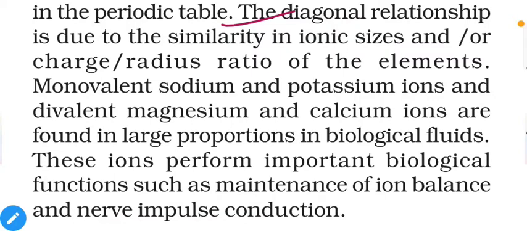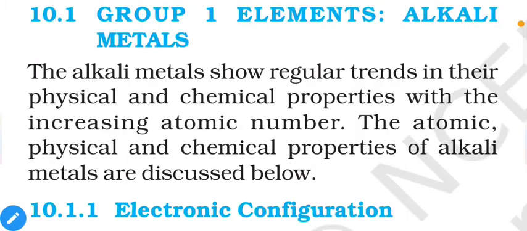So these ions perform important biological functions such as maintenance of ion balance and nerve impulse conduction. Now nerve impulse conduction, that means it is our communication system, nervous system. The nervous system sends electrical pulses for communication, and these types of ions help in this communication.